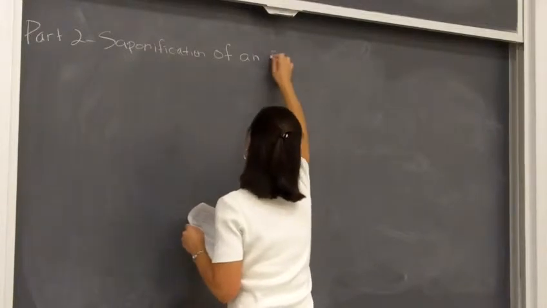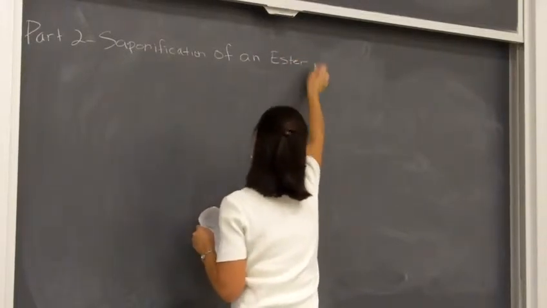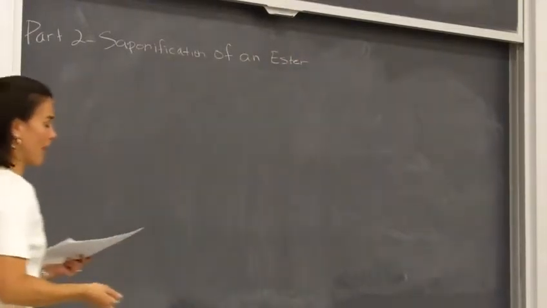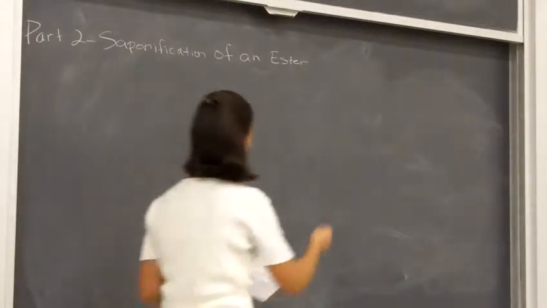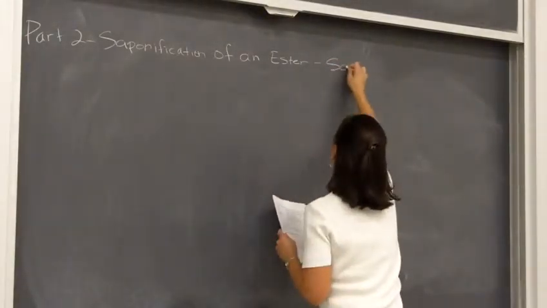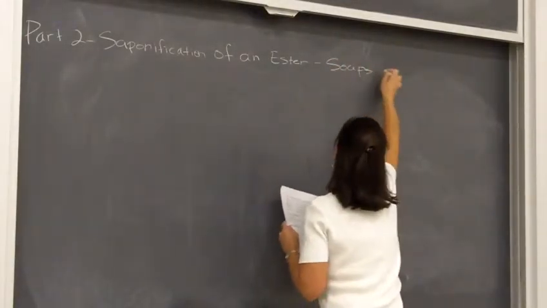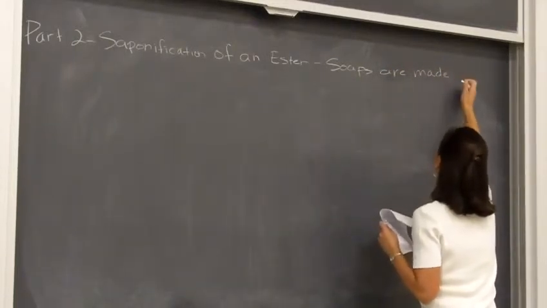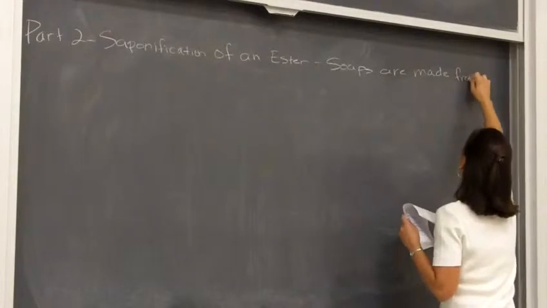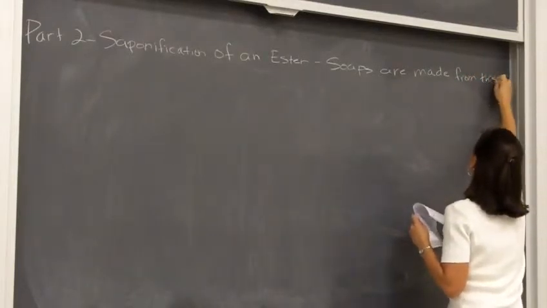And so remember, the saponification of an ester, remember trimyristin is a triester, okay? And so this is a reaction that soaps are made from. Okay?